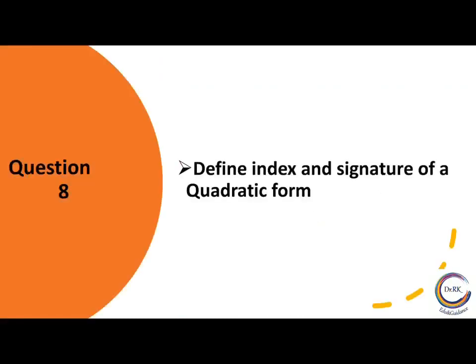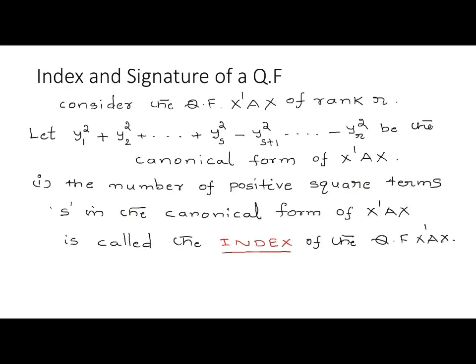Next, another important definition is: define index and signature of a quadratic form. So how do we define index and signature? Consider the quadratic form x transpose Ax with rank R. If you remember the earlier discussions, x transpose Ax can be written in sum of squares form.